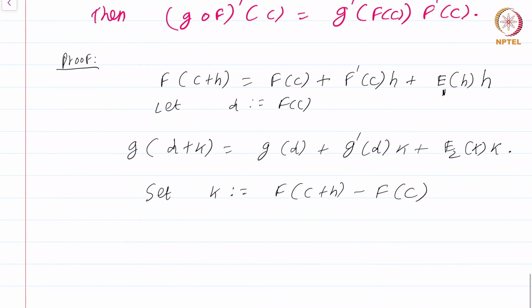Fine. There are several underlying trivialities that as usual I am pushing under the carpet for you to fetch. The thing is, this value k that you get should ensure that g of d plus k is defined.